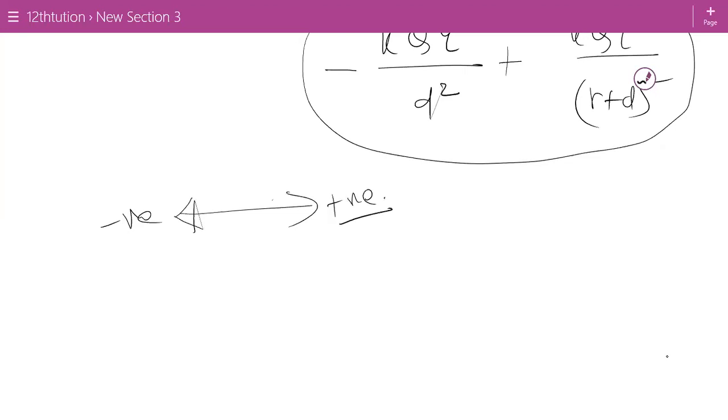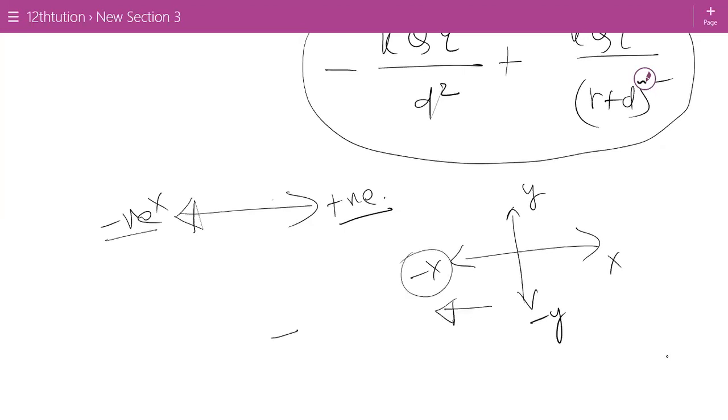Oh, okay, sir. This is negative x, positive x, and positive y, negative y. So this is the Cartesian coordinate system, and if some vector quantity is on this side, we write negative. If some vector quantity is on that side, then we write positive. We have done that in the vectors.